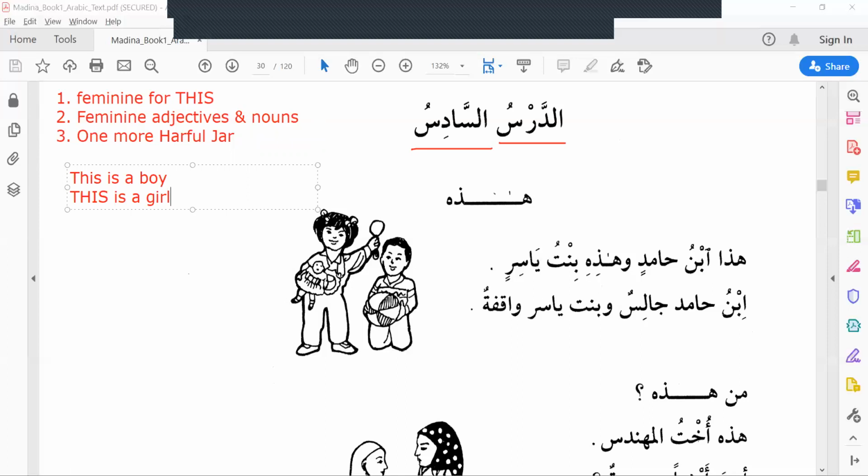Like in Tamil, this is a boy, if you translate, is even, and this is a girl is evil. So for boy, even; for girl, evil. Similarly, in Arabic also, there is a slight change.